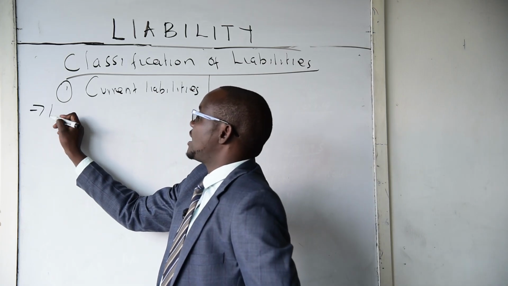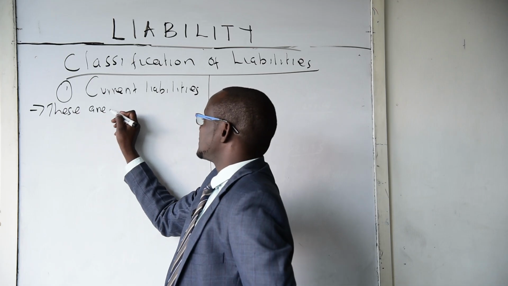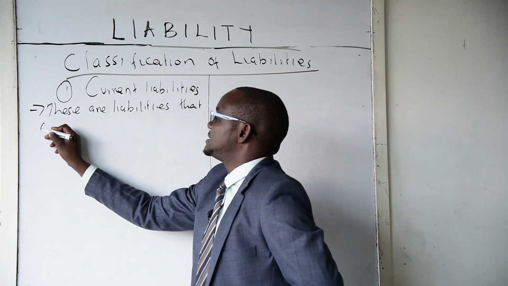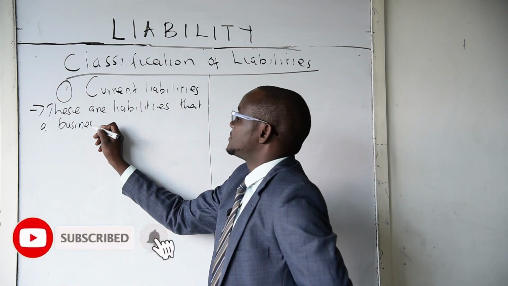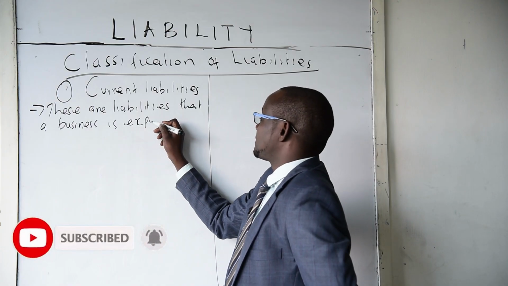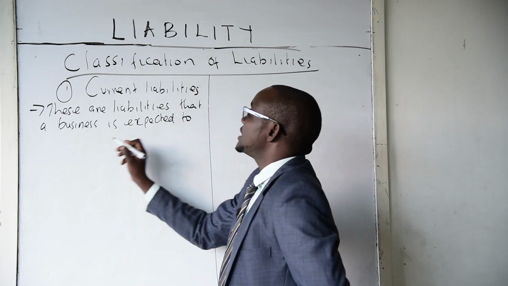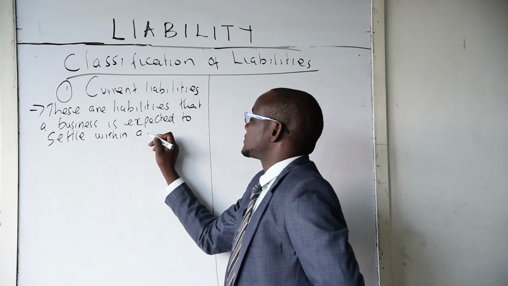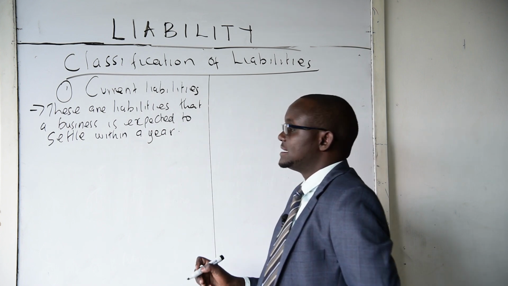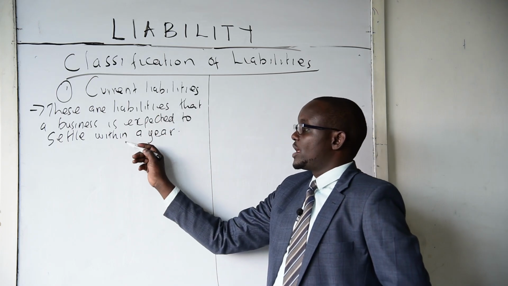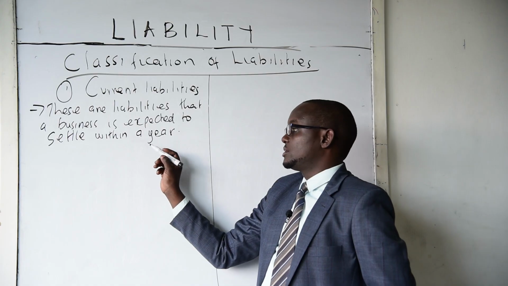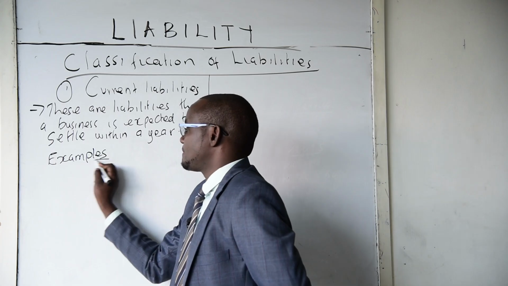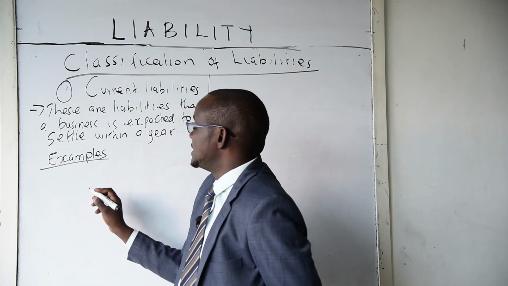And these are liabilities that a business is expected to settle within a year. What we mean is that these liabilities should not last for more than 1 year before they are fully settled. And the examples of these liabilities include the following.